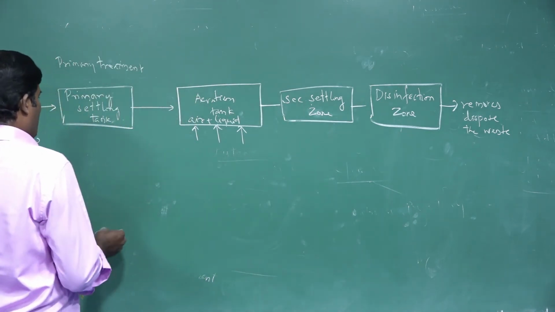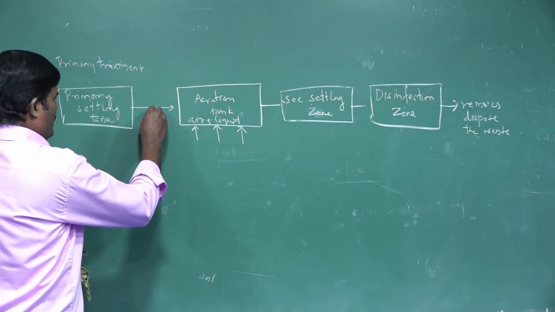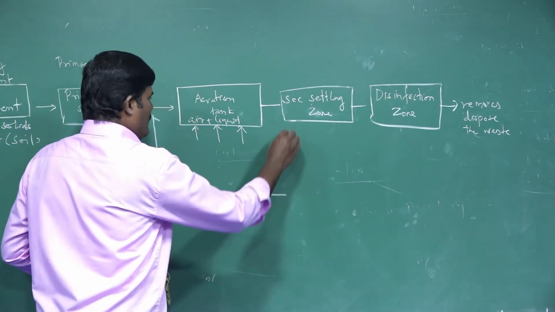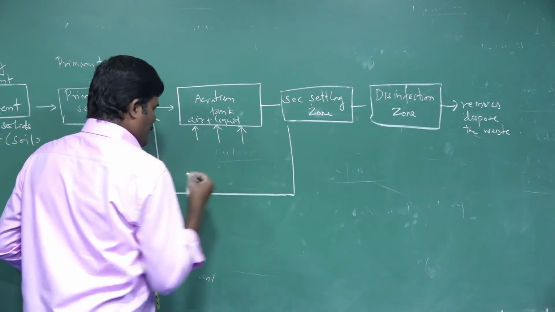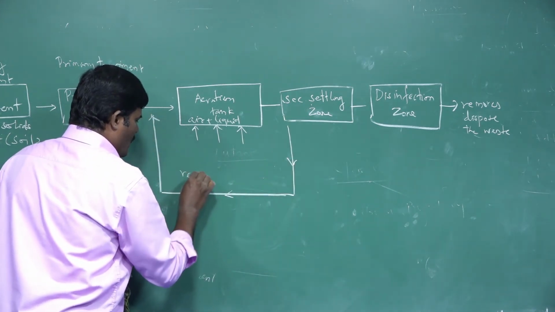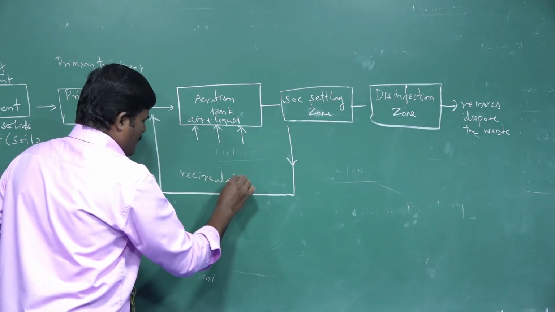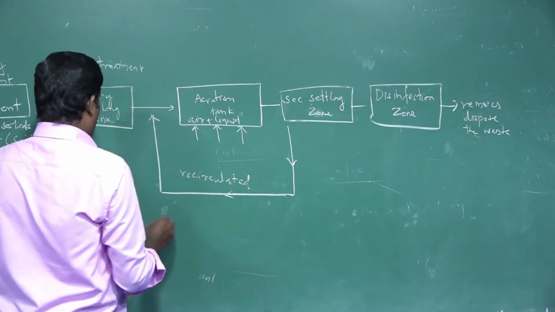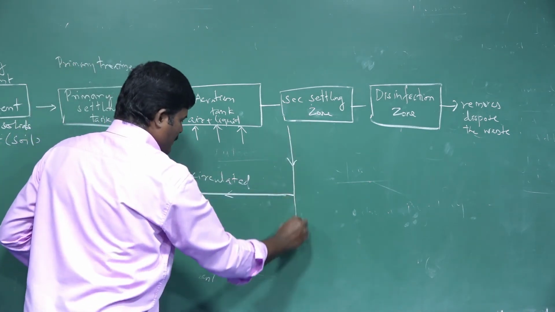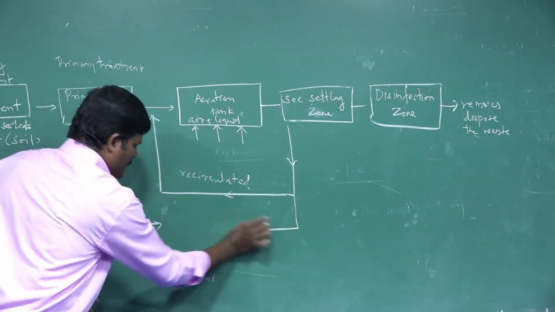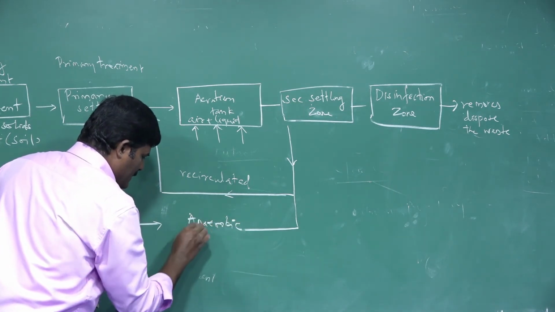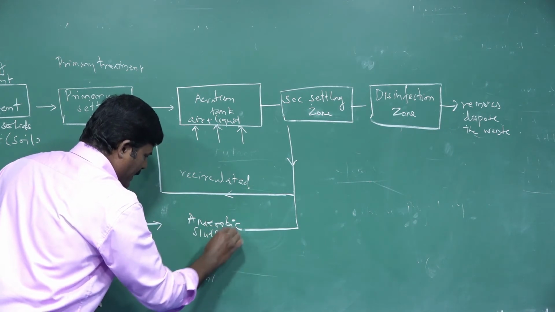So, another diagram here. Recirculate. Here, anaerobic sludge digest.